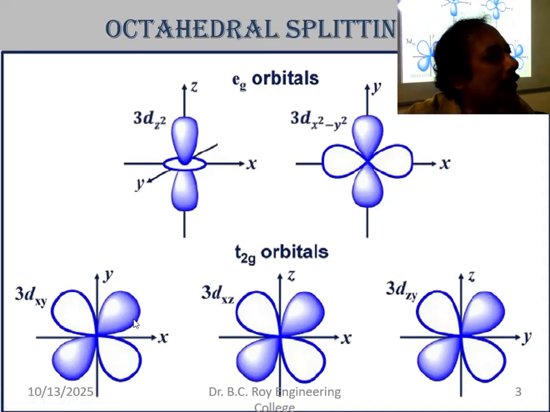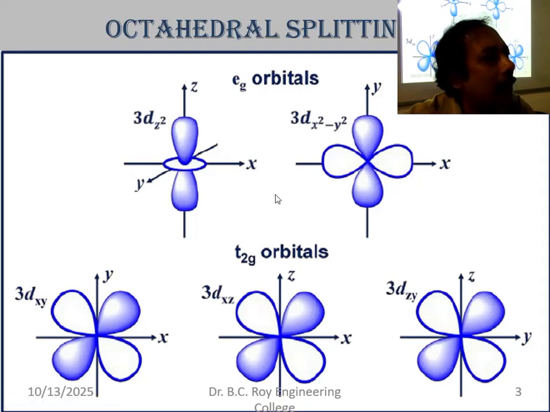So repulsion will be comparatively less. So in this case the dxy will feel less repulsion, but if the ligand is approaching along the x here, the repulsion will be very high, because there is a lobe, some sort of ring, meaning electron density is present here, so there will be strong repulsion, because the ligand is electron rich, and the metal's d orbitals are also electron rich, so there will be strong repulsion, so they cannot approach.